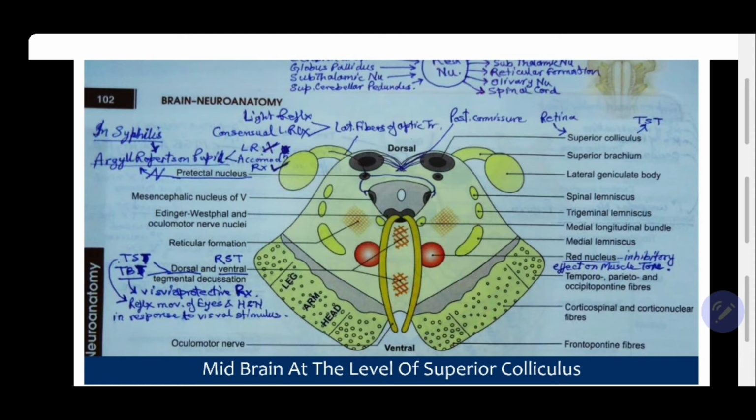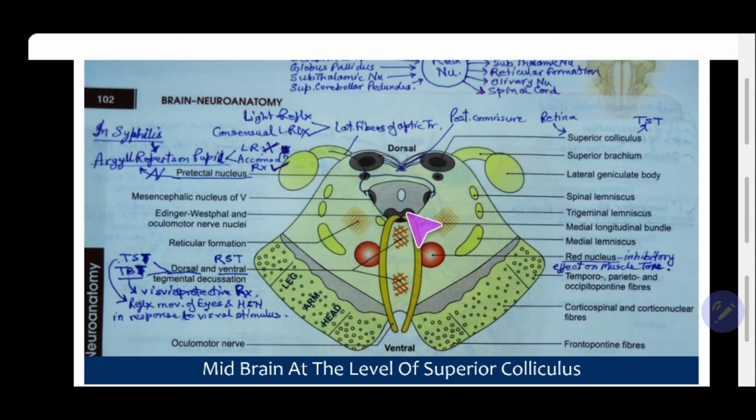And don't forget, there is a rostrally placed nucleus above this, and that is the Edinger-Westphal nucleus. The Edinger-Westphal nucleus is a nucleus of the general visceral efferent functional column. It means it's parasympathetic; it gives origin to parasympathetic preganglionic fibers.